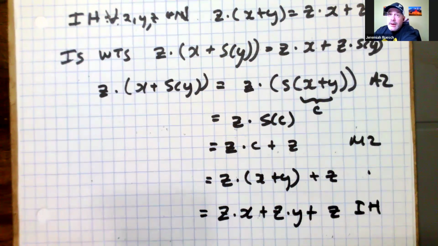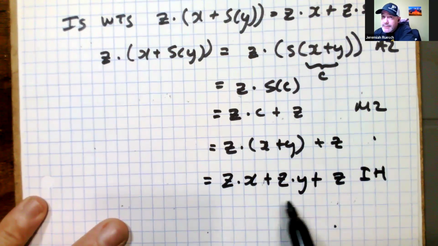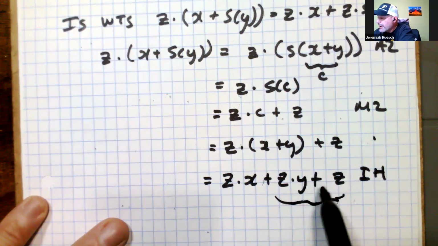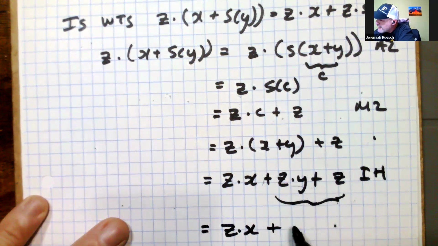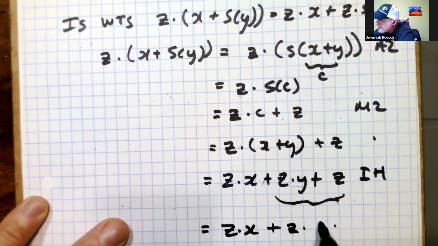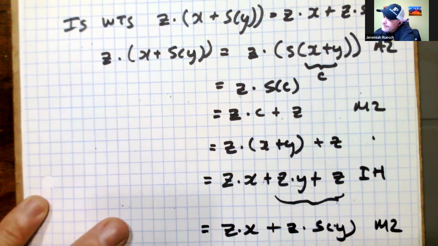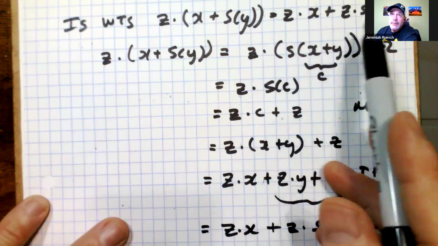Okay, and then by associativity of addition, I can look at this term specifically and recognize that this is z times x plus the z times the successor of y by m2. Okay, and now if you look at what we have here, this is exactly what we wanted to show originally.